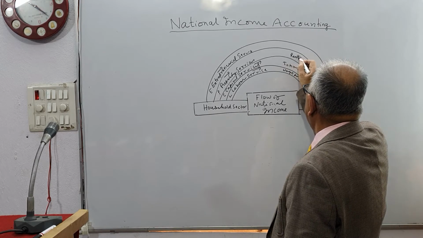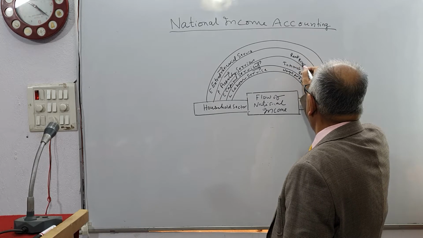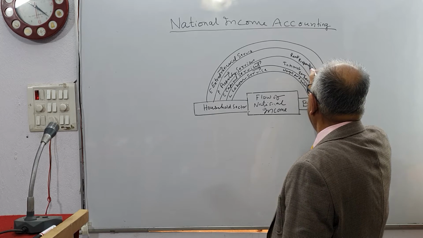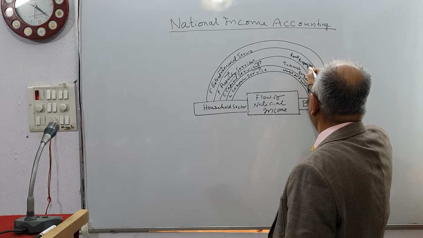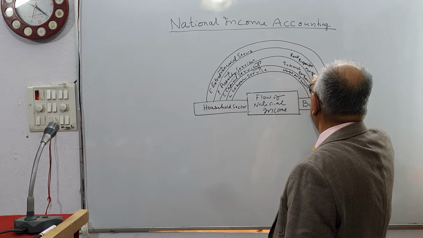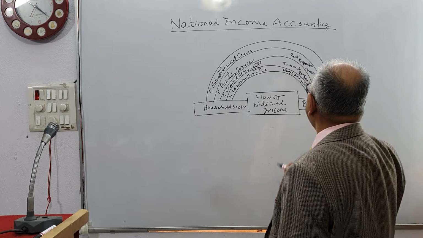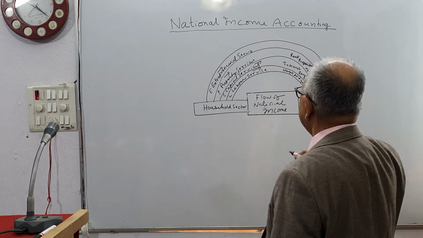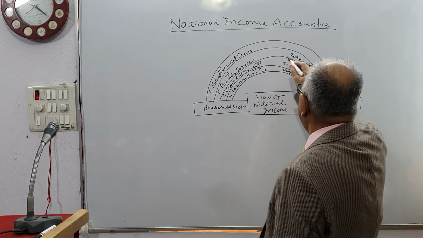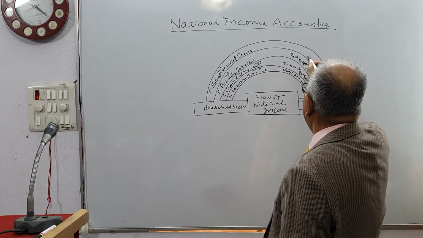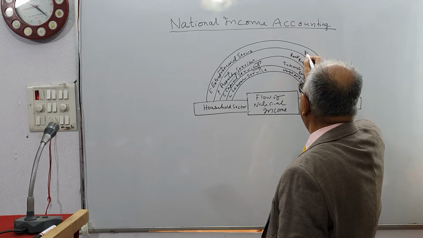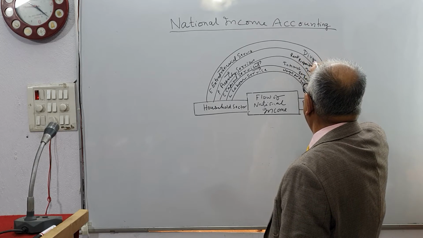This is a type of rent, that is proprietors' income. And the entrepreneurial service will be received by the business sector. This is known as dividend.